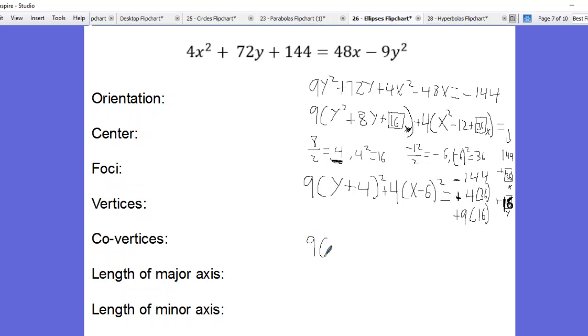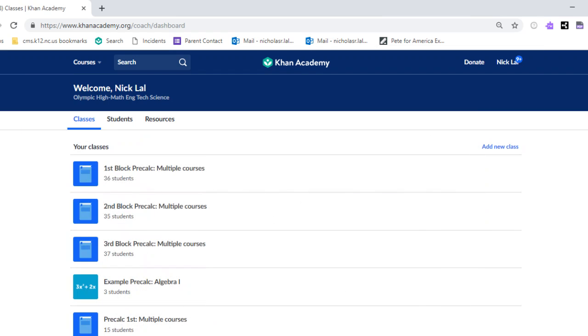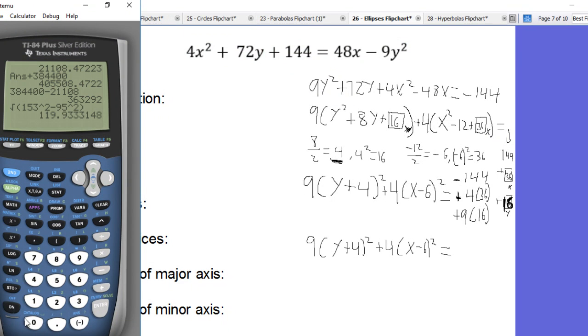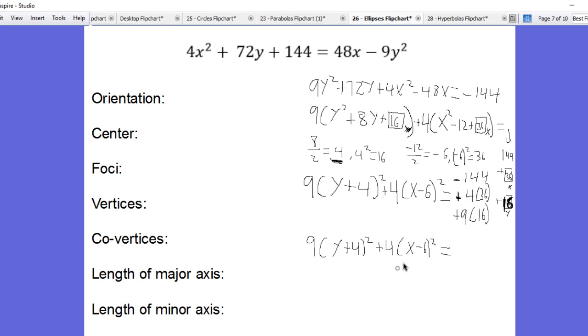And so now I have 9 times y plus 4 squared plus 4 times x minus 6 squared is equal to, and we have to do it in our calculator, negative 144 plus 4 times 36 plus 9 times 16. That's going to give us 144. So that's equal to 144.